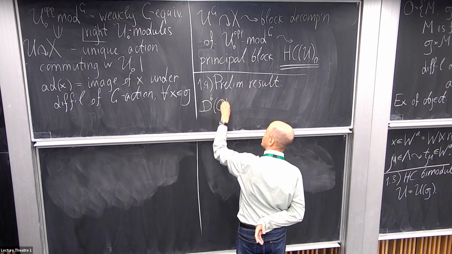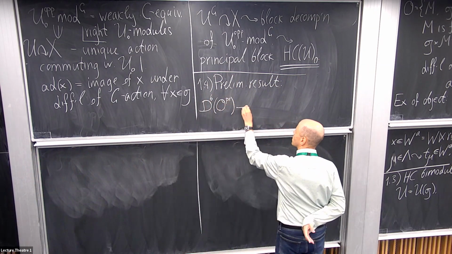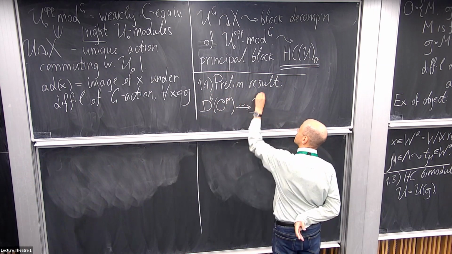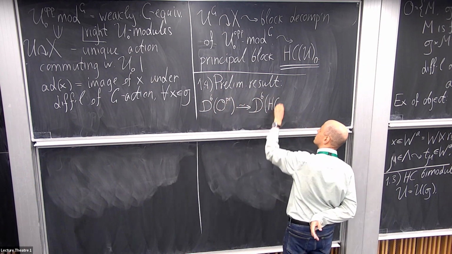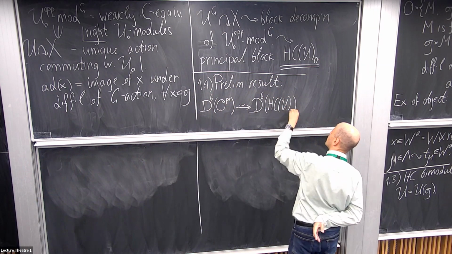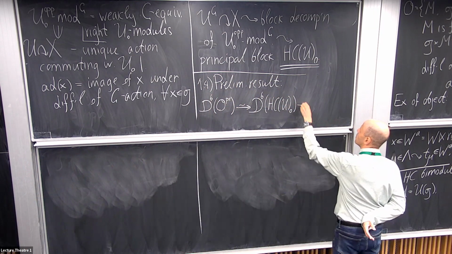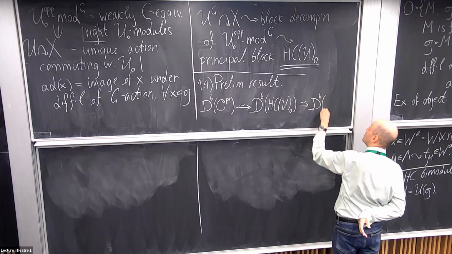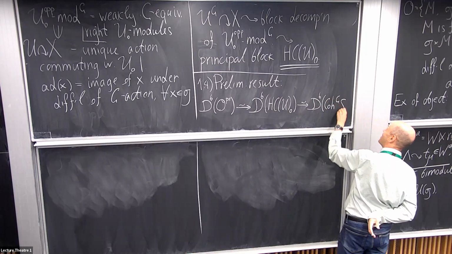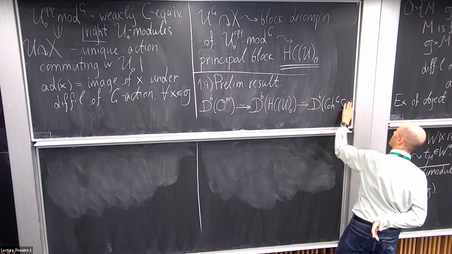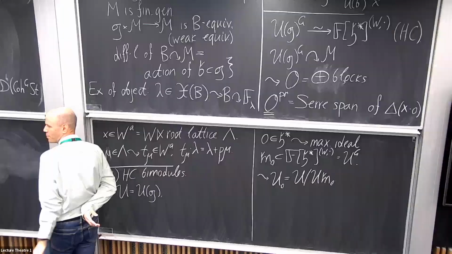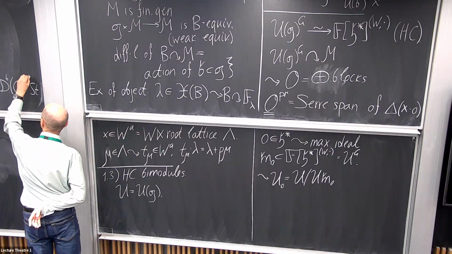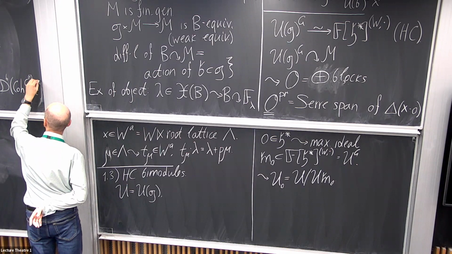So D^b of O principal is equivalent to D^b of HC U0, is equivalent to D^b of G Steinberg. But now I need to do a little twist, and this is going to be a Frobenius twist. I'm going to put the superscript 1 here and here.